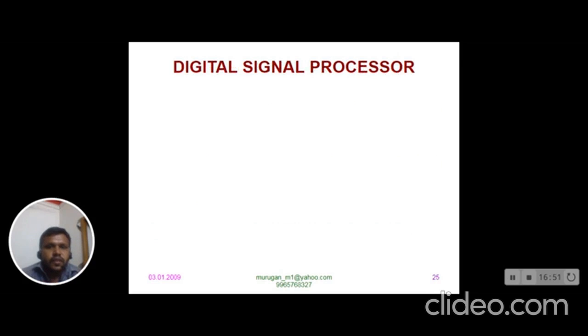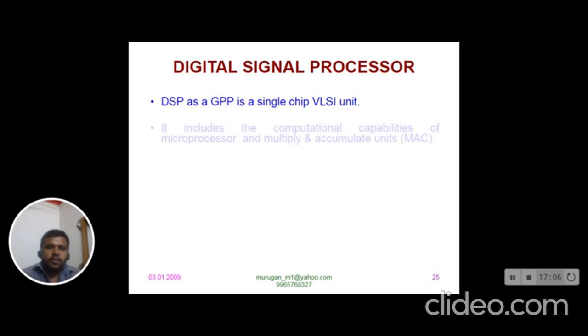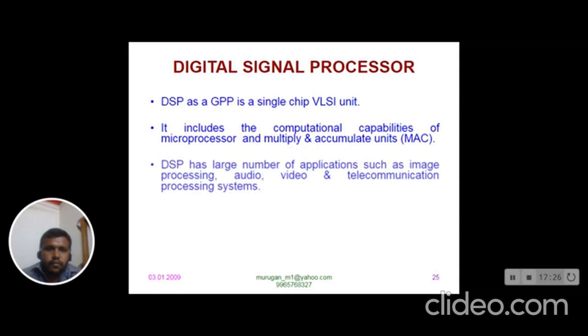Okay, digital signal processor. The digital signal processor, unlike the general purpose processor, called GPP, is a single chip VLSI unit. It includes the computational capabilities of a microprocessor and multiply accumulate units. That is, it converts all the operations into easily accessible units called multiply and accumulate units.